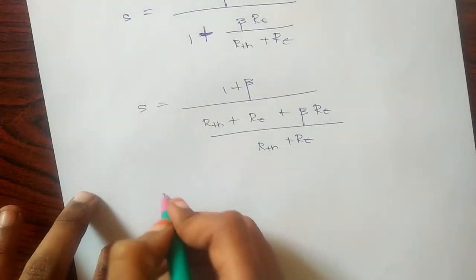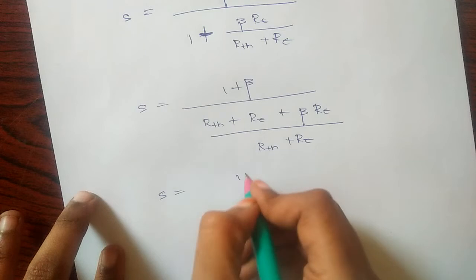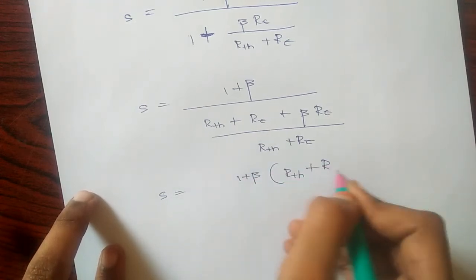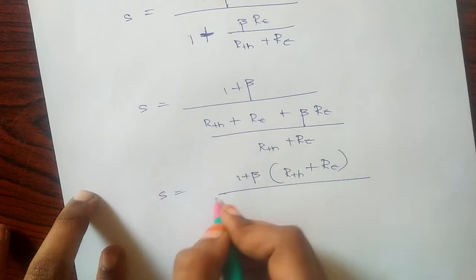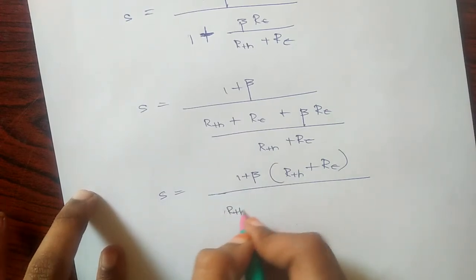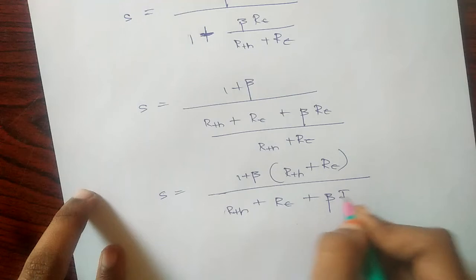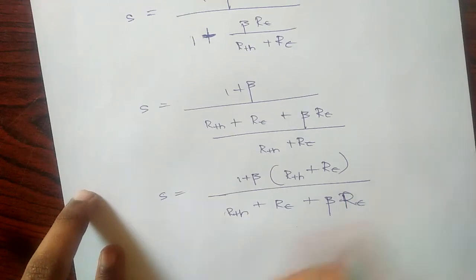Now we get 1 plus beta into RTH plus RE, just reciprocalizing, so in the denominator we have RTH plus RE plus beta RE.